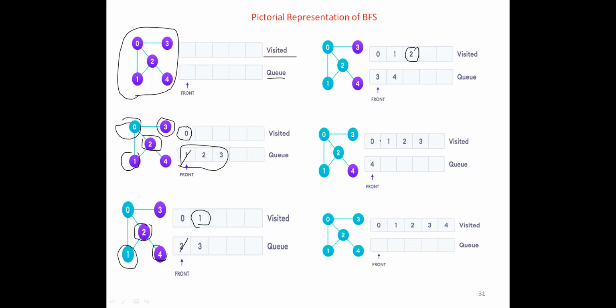In this way, just adding into the queue, then I'll start exploring. So finally I'll get this answer. All the vertexes are visited. It means that one by one I will dequeue the vertex from the queue array.